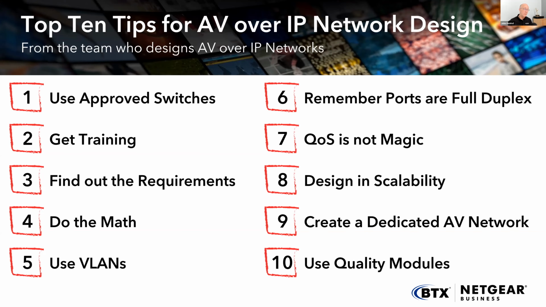VLANs. VLANs are kind of uncommon for AV people, certainly, but should be taken advantage of to segregate some of that traffic and make it easier to manage. Laurent has more info on what that means. For VLANs, it just helps segregate it. Sometimes we don't need them. But keep in mind that on small installations, we can carry a lot of different codecs or protocols, video and audio.